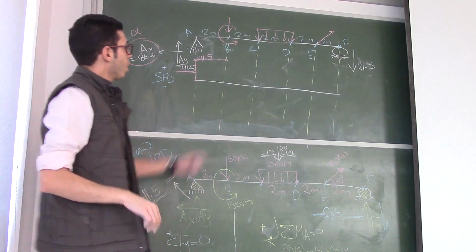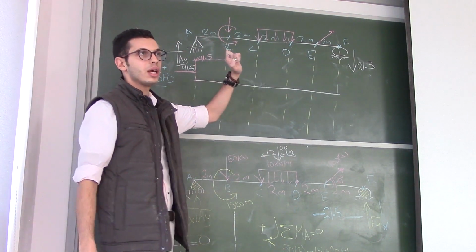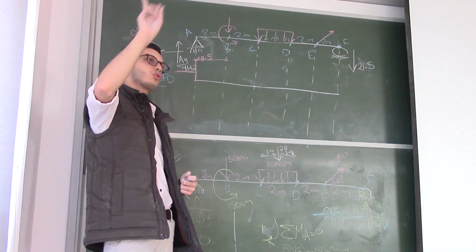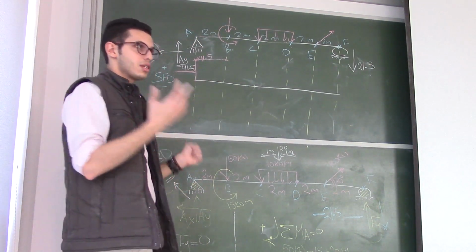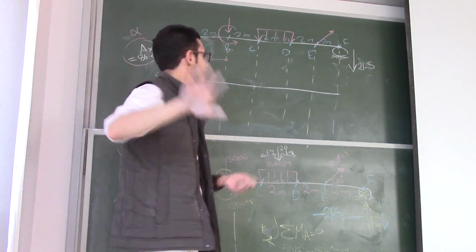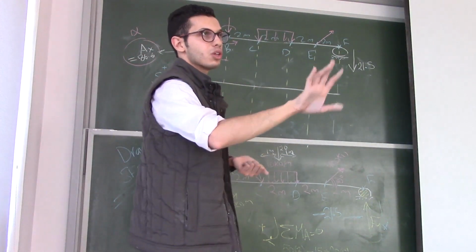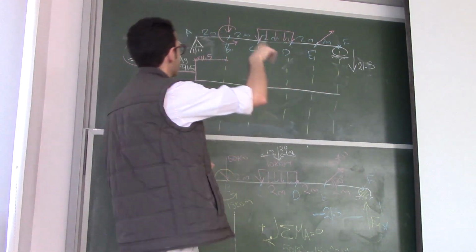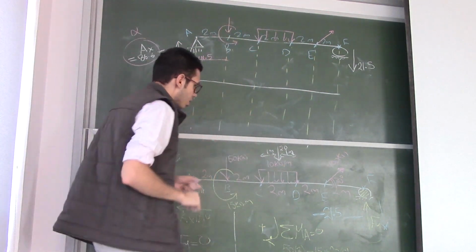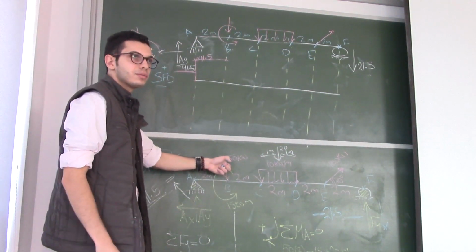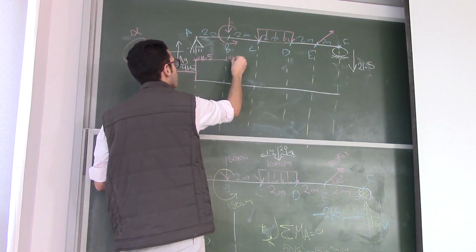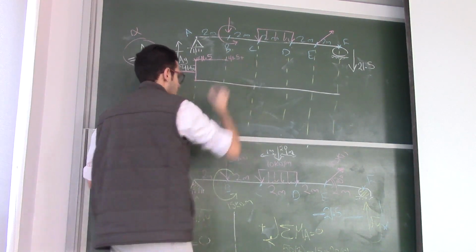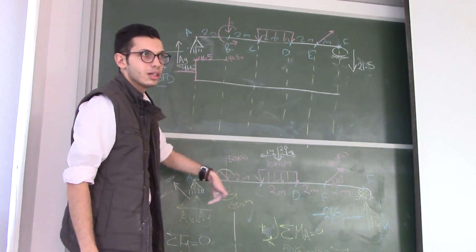Clear? Now I reach point B. Point B contains two things. The first one is the force, the second one is the moment. And we declare that the moment does not affect the shear, so we just have the effect of the force. The force was 50. So you have 41.5, positive, and there's a minus 50.